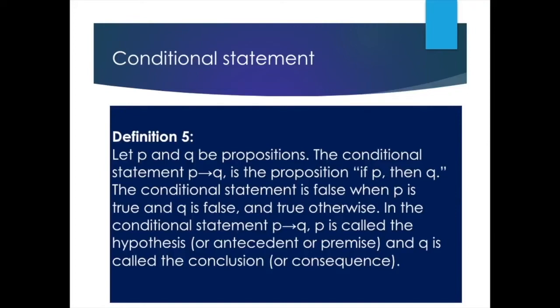In the conditional statement, P is called the hypothesis, the proposal, the assumption that you propose at the beginning of any mathematical theory, or the premise, and Q is called the conclusion. So always, if you want to have a true conclusion, the hypothesis should be true.